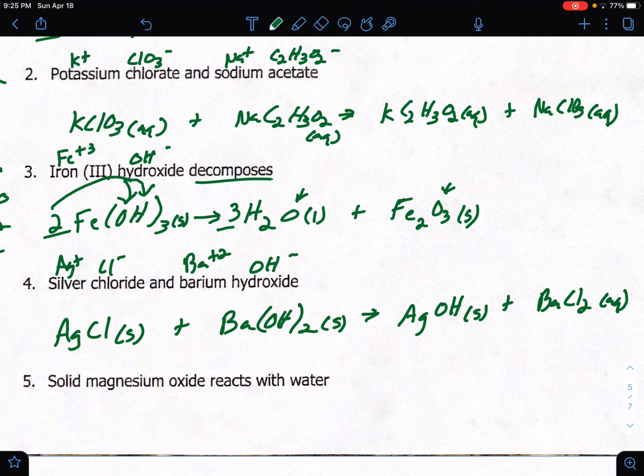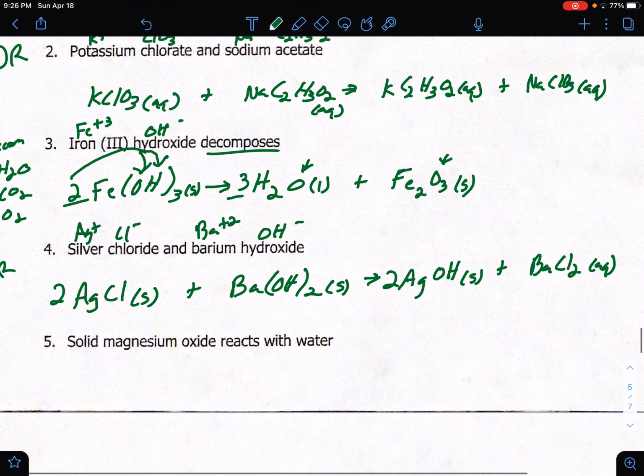So what I'm going to do is put a 2 in front of this AgCl. So that fixes up my chlorines, but now it changed my silvers again. So now I have 2 silvers on the left and only 1 on the right, so I'm going to put a 2 right here. So now that fixes my silvers. I have 1 barium, and now I have 2 hydroxides and 2 hydroxides. So I am balanced now.